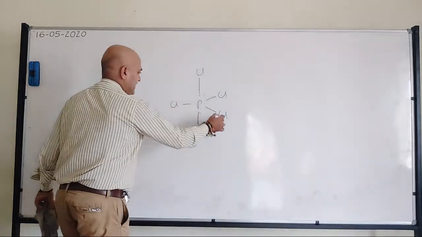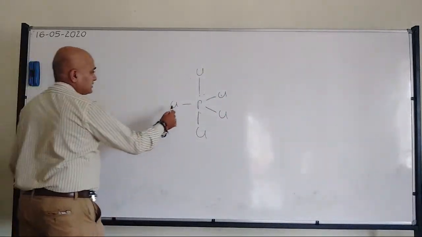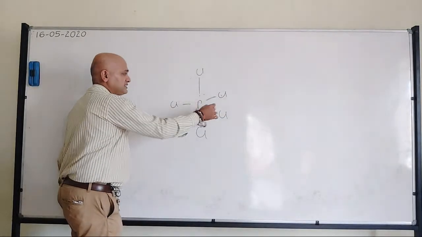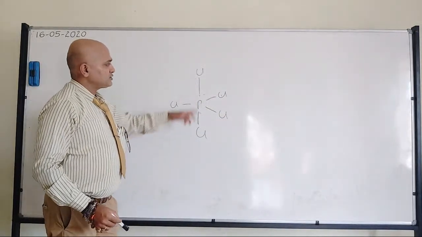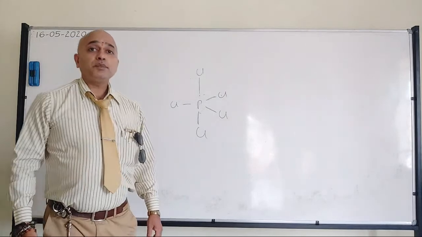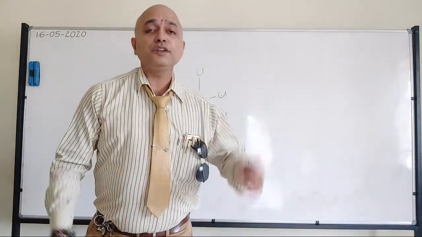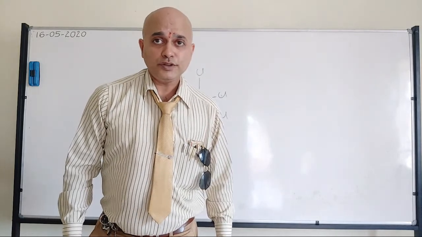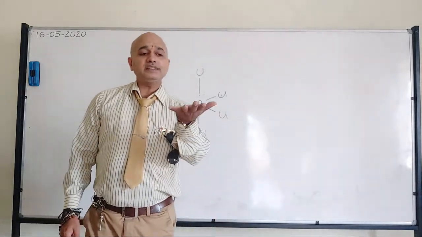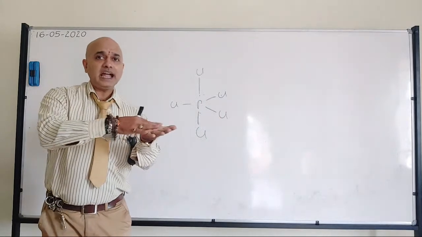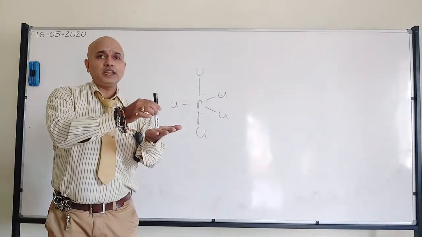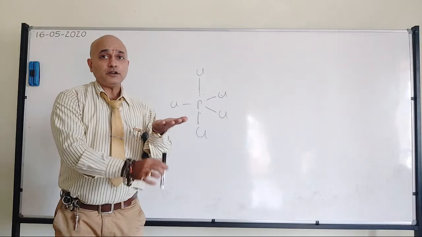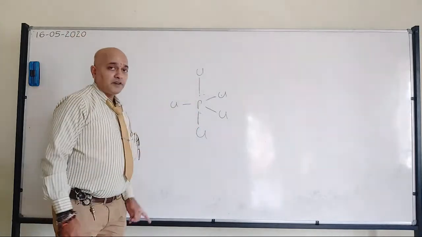These 3 chlorine with phosphorus will be in one plane and these 2 chlorine will be in one plane. Means 2 different planes. Now you should tell me. See for example, this is one plane, my hand, and one chlorine is above and another chlorine is below. That's what. Okay.